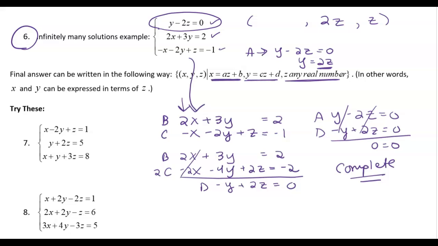So let's say you choose equation B, and there's lots of different ways to do this, by the way. So if you've got a different way and you want to talk with me about it, that's fine. And so I'm going to put 2x plus 3y equals 2. But see, I know that my y can be written as 2z.